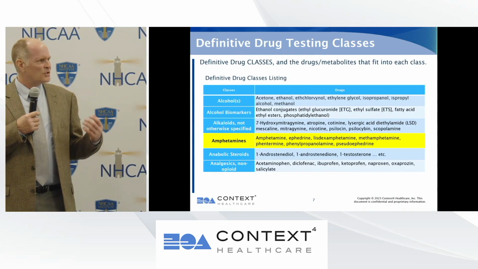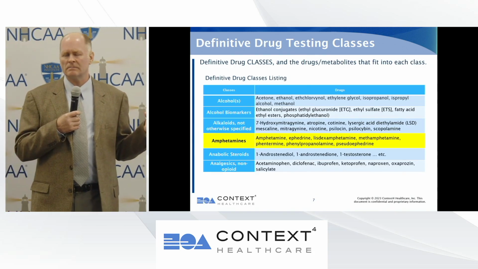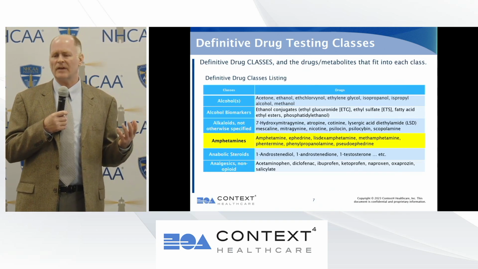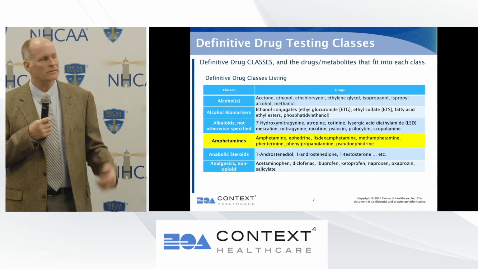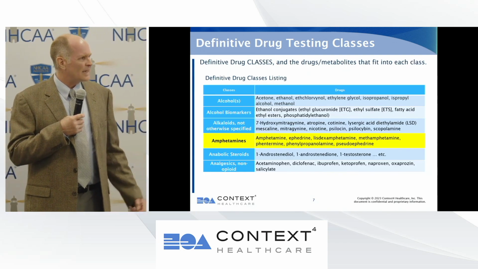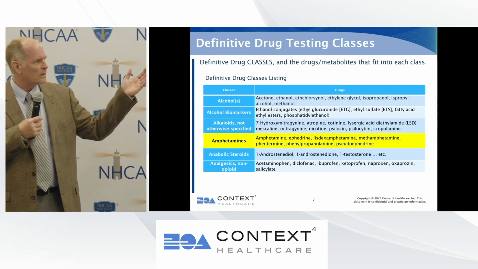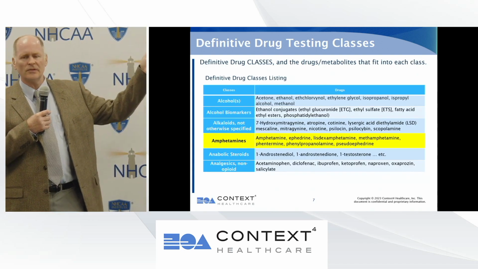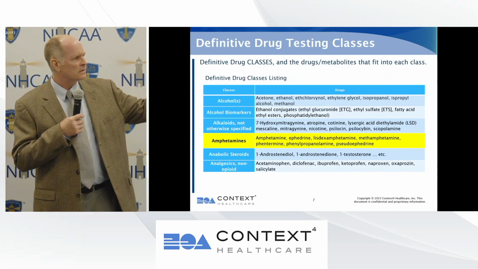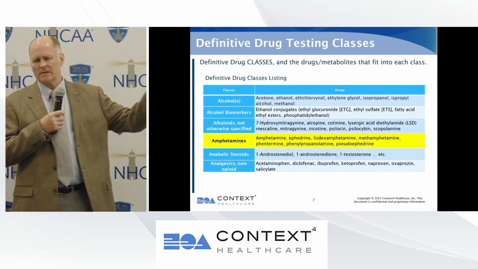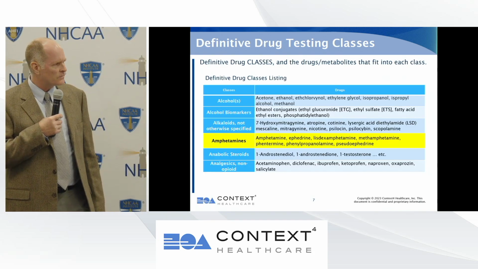Either they share a mechanism of action or a physiologic effect, and or they have a similar chemical structure. This is a list of a few definitive drug classes and some of the common drugs and metabolites that belong to each of these classes.